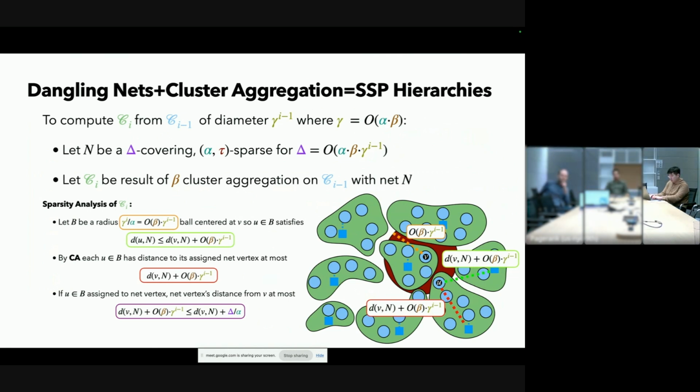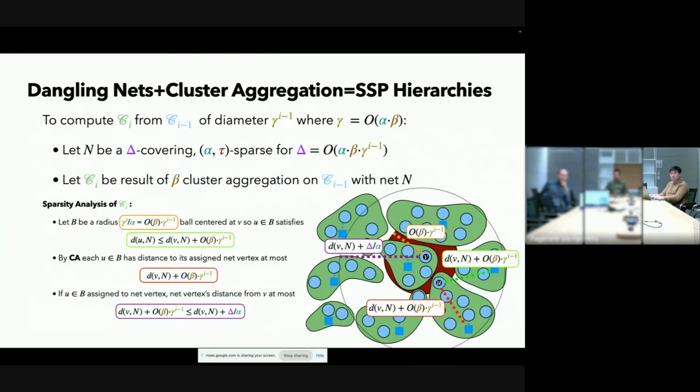Okay, so the little magic trick I'm going to play now is I'm going to say that any vertex in this ball which gets aggregated to a portal will get aggregated to a portal which satisfies the property that that portal is close to V. So I can draw this zone of nearbyness around this vertex V and just say any portal, or sorry, I keep saying portal, but I mean net vertex.